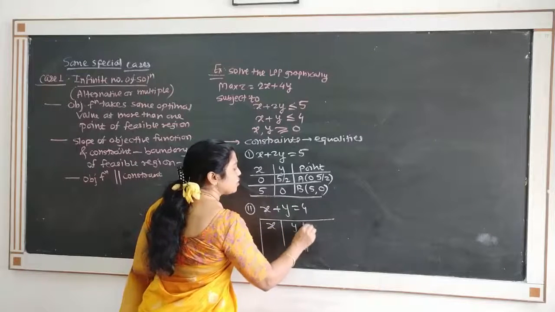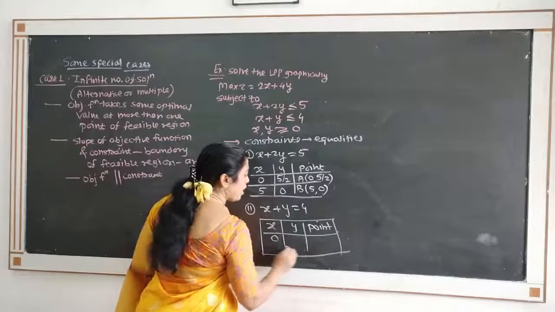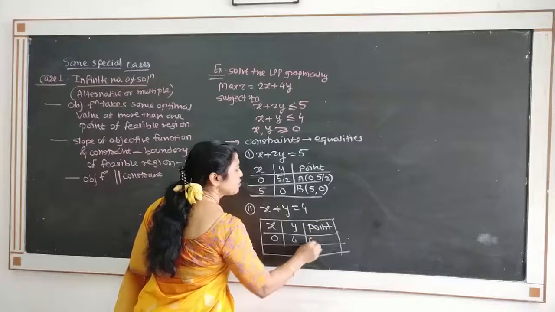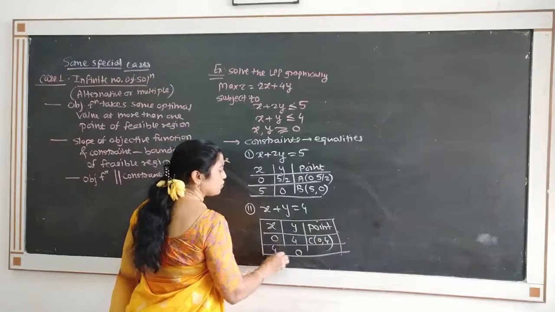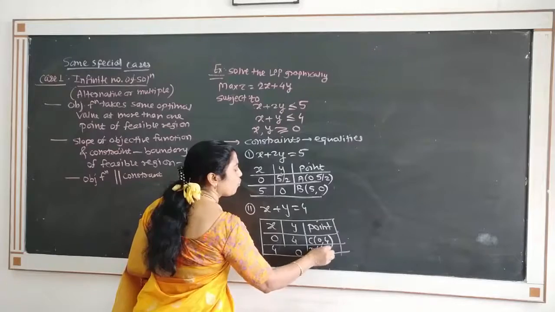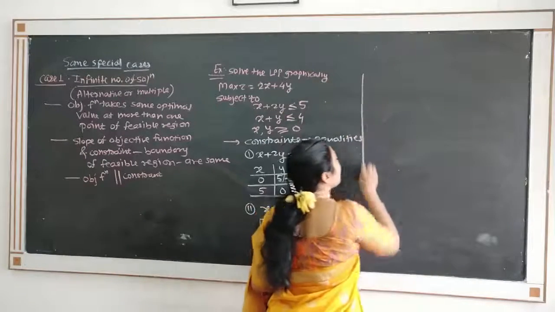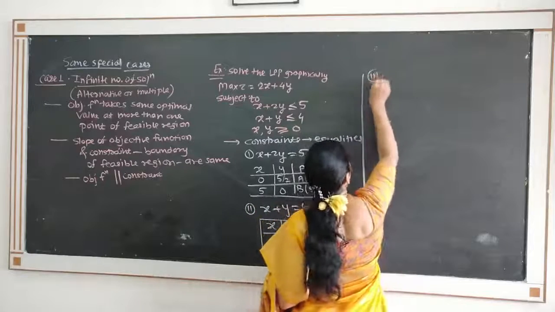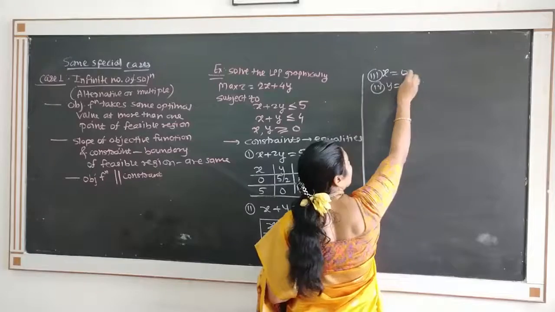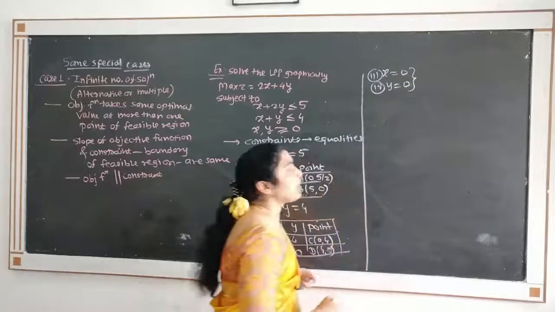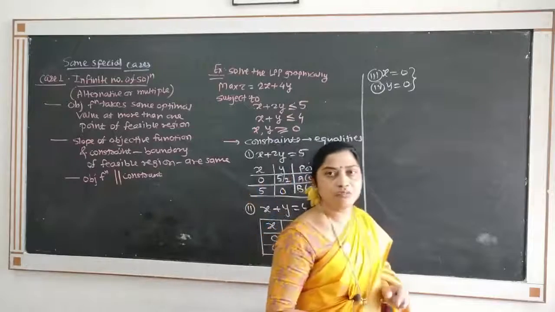When x is 0, y is 4, so C point is 0, 4, and when y is 0, x is 4, so D point is 4, 0. And the next two are our regular equations of x and y axis, that is x equal to 0 and y equal to 0, which are related to our non-negativity constraint. So they give us the feasible region in the first quadrant.